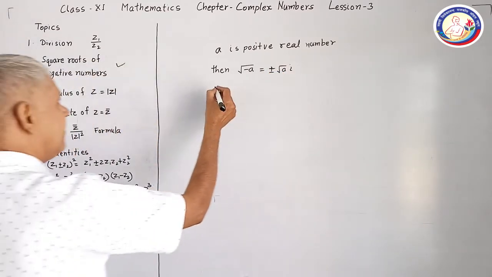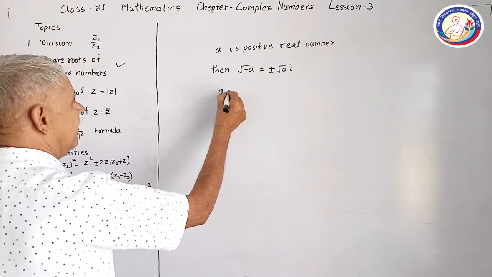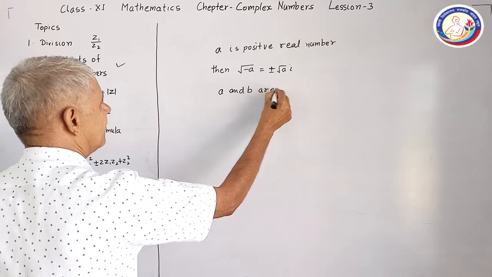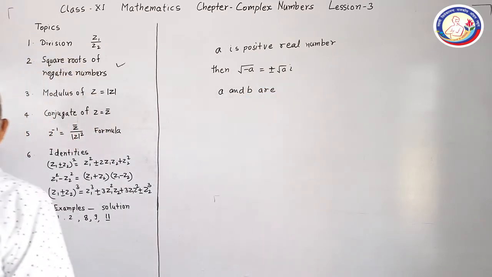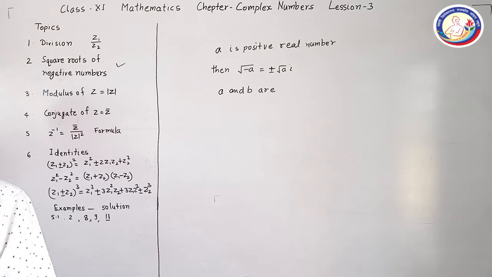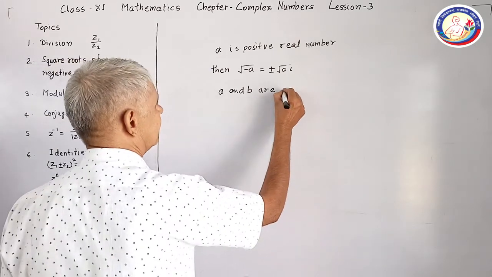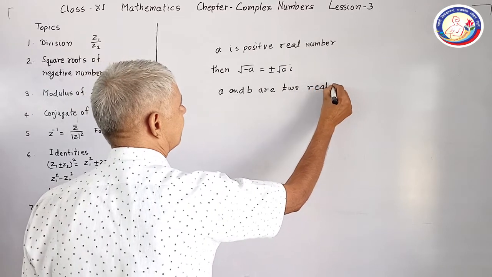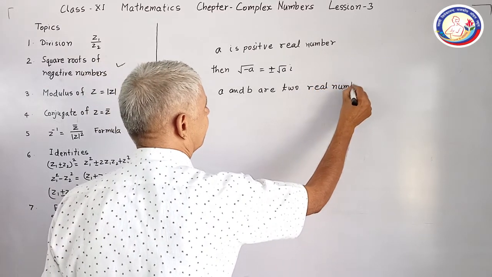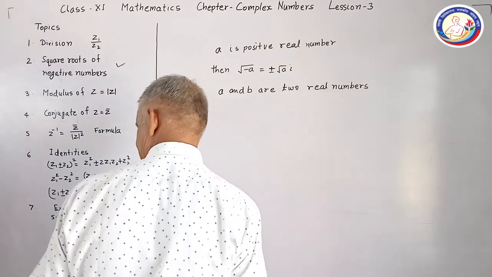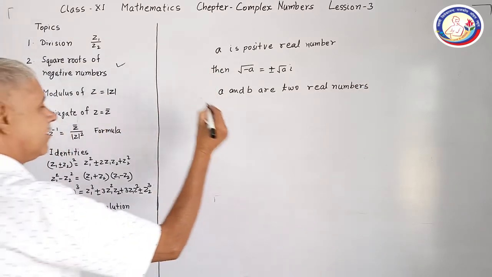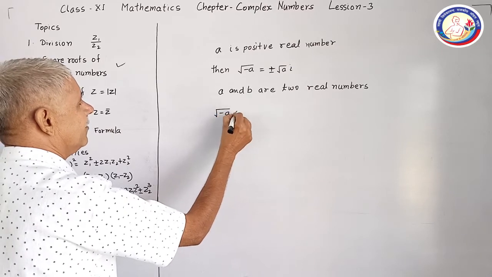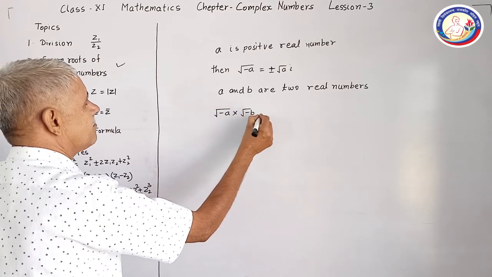Again, if a and b are two real numbers, what about the product of square root of minus a and square root of minus b?